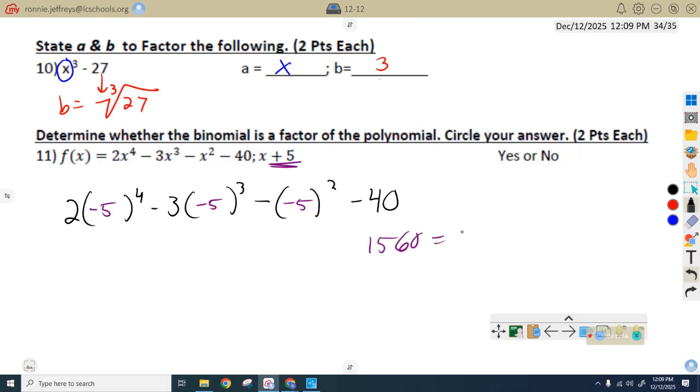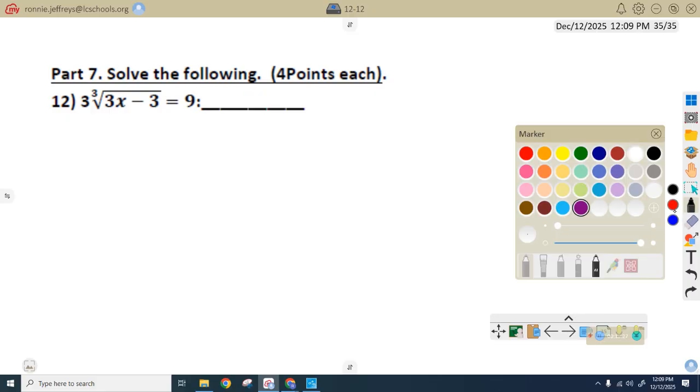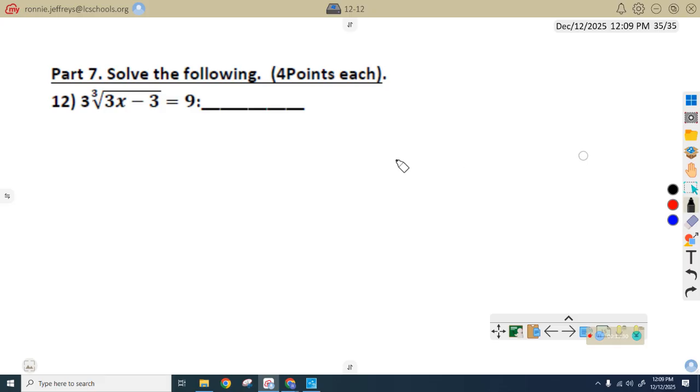Is this 0? No, and that's all we have to do. So that was number 11. Okay. This is a recent one, as in you just had this test yesterday.